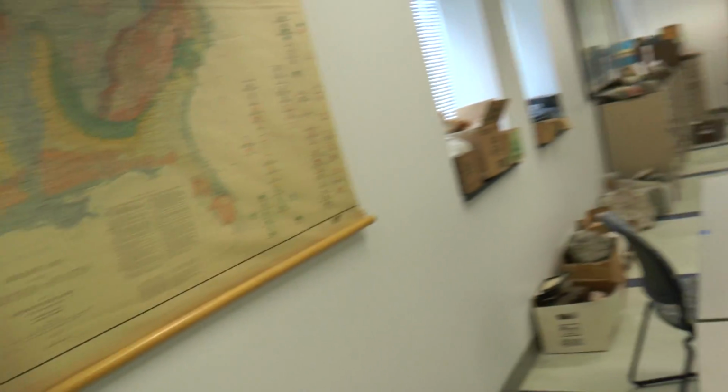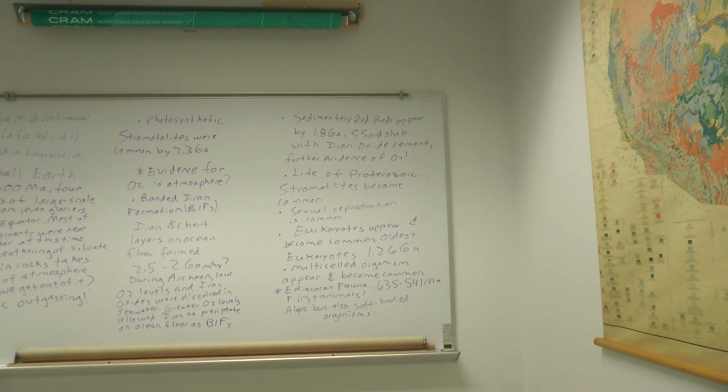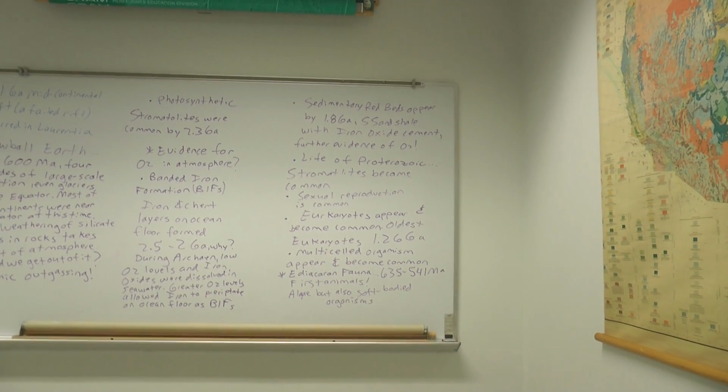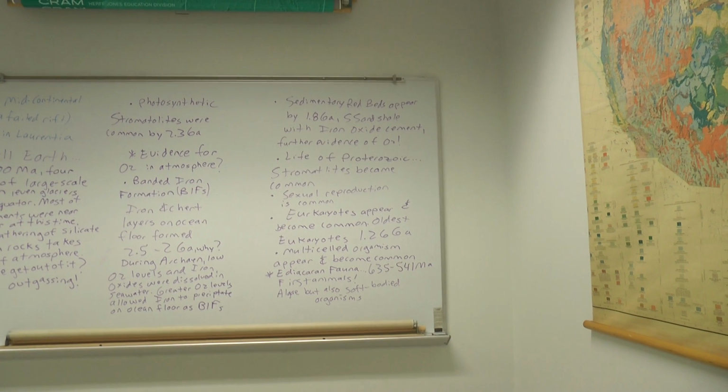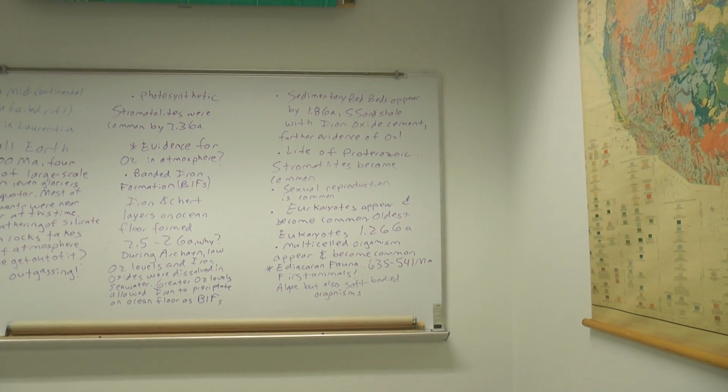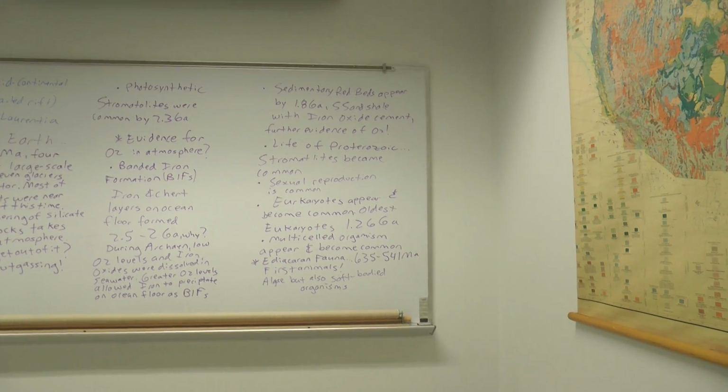So we know that we were increasing oxygen levels from 2.5 to 2 billion years ago. Another line of evidence for increased oxygen happened about 1.8 billion years ago. We see sedimentary red beds appear. They're sedimentary rocks and they have a reddish color. That's why they're called red beds.